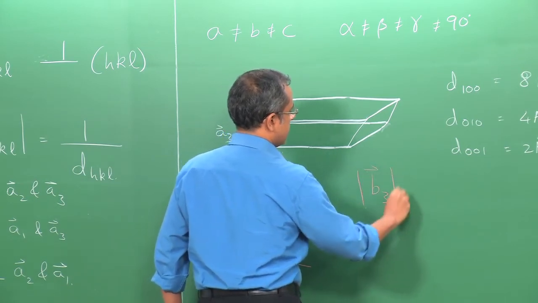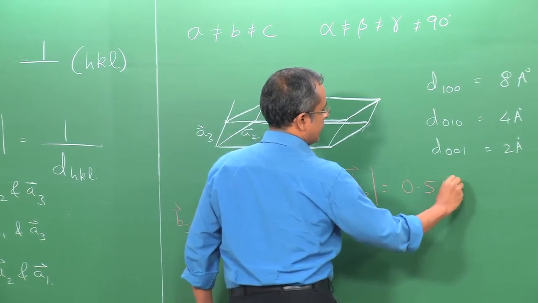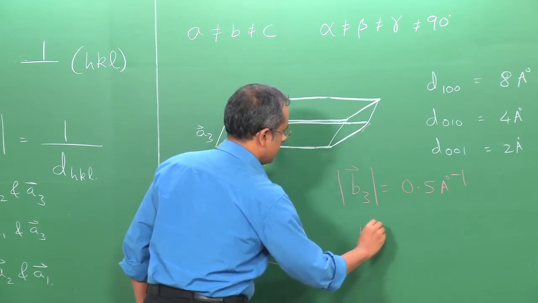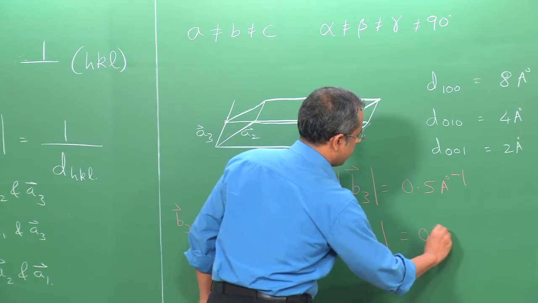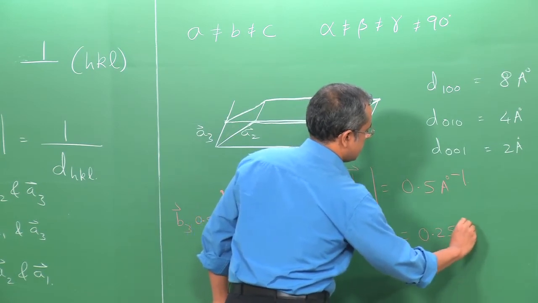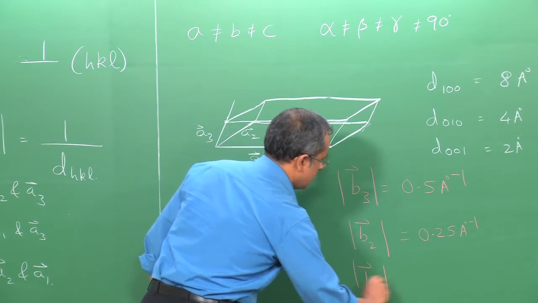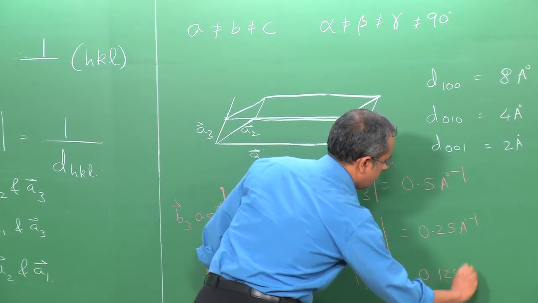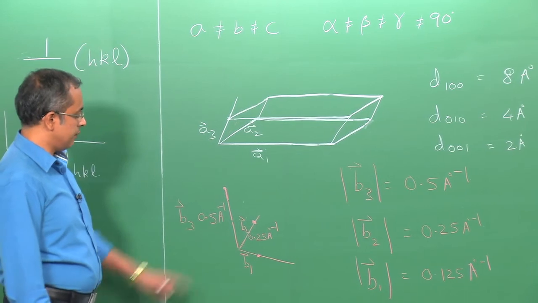Modulus of B3 is 0.5 angstrom inverse. B2 modulus is 0.25 angstrom inverse, and B1 is 0.125 angstrom inverse. So, we have got ourselves the 3 values, we have got the 3 directions.